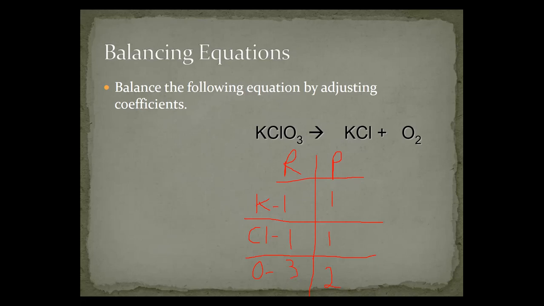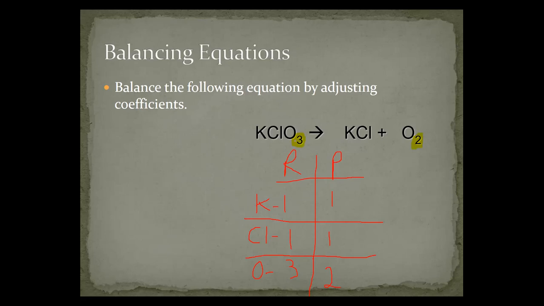Now here's the issue. I can only multiply by whole numbers. So what's the issue here? Well, on the reactant side, how many oxygens do I have? I've got 3 oxygens. On the product side, I have 2.